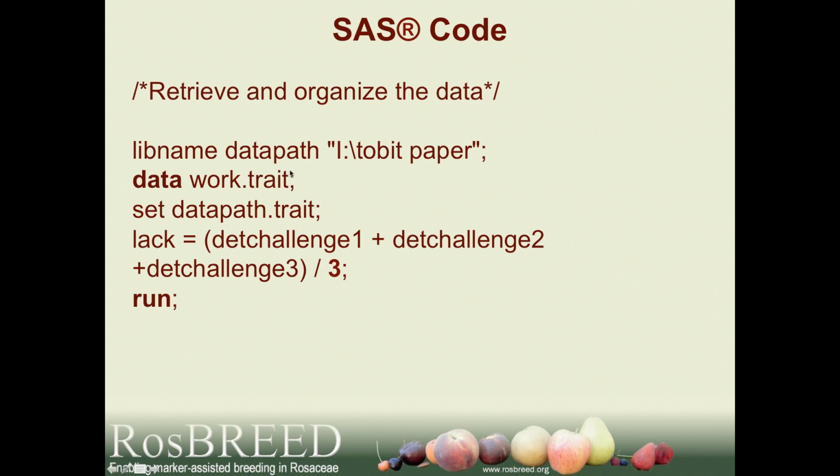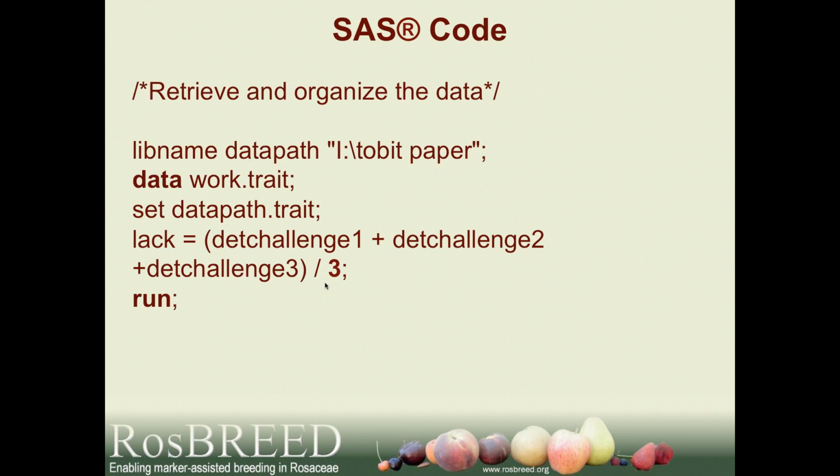That's how we define a SAS permanent library. Libname, and this is the SAS library name. We name it data path and then give the path of this data set. In this case, we can tell SAS where to find our data set.